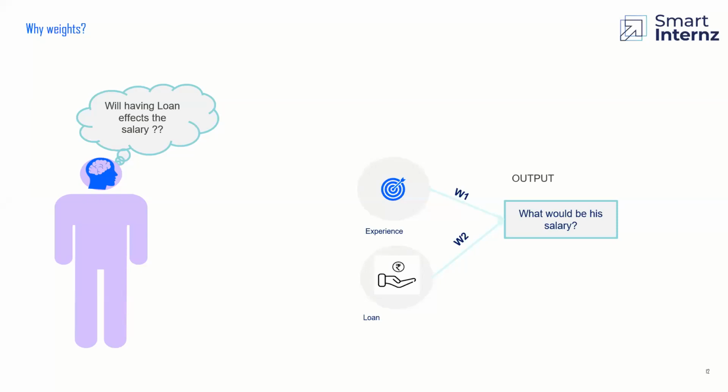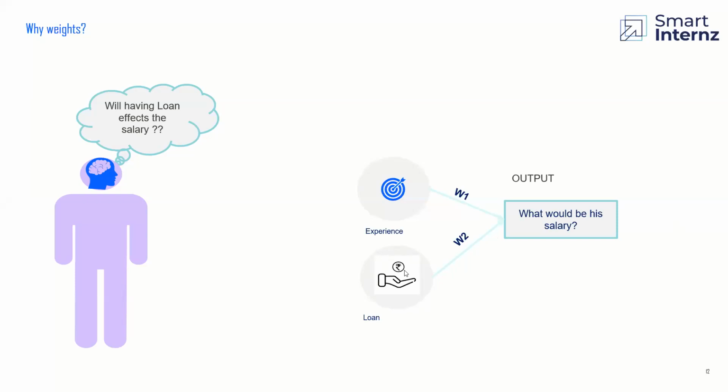No. So what does it mean? It means this weight is not important for predicting the outcome. Loan will not affect the salary. So this weight and this input are not important.